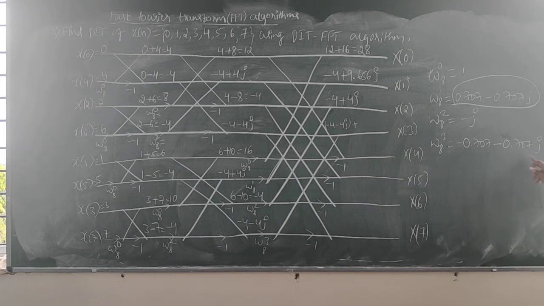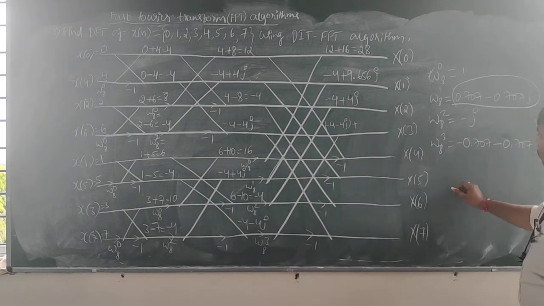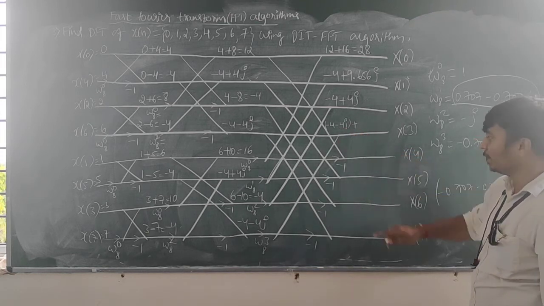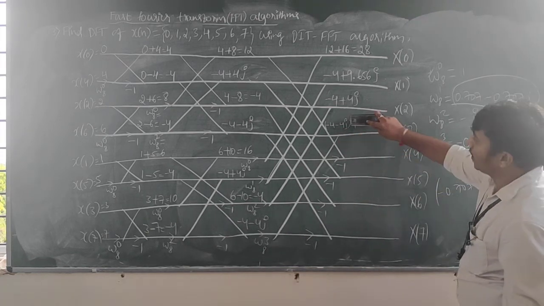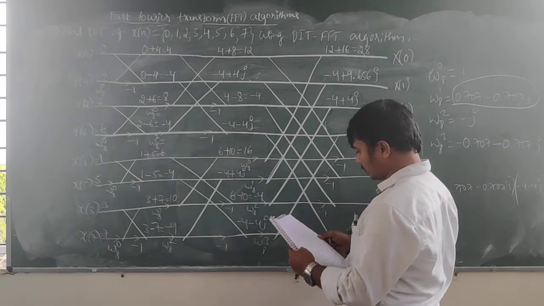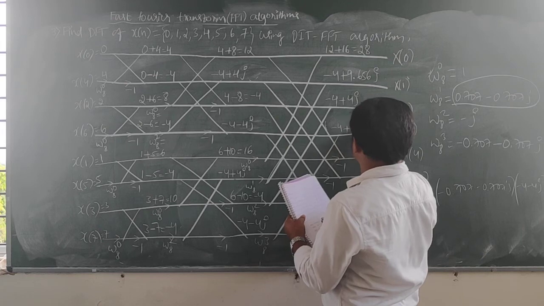Minus 0.707 minus 0.707j. So multiply these two: minus 0.707 minus 0.707j into minus 4 minus 4j. You multiply these two and add to this minus 4 plus 4j. I get minus 4 plus 1.656j.